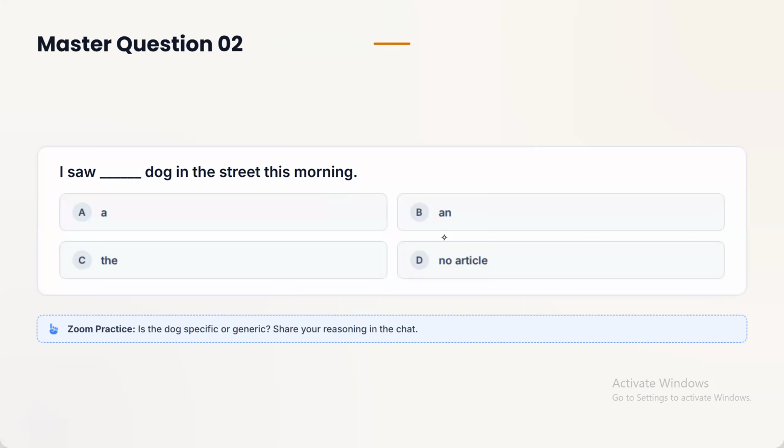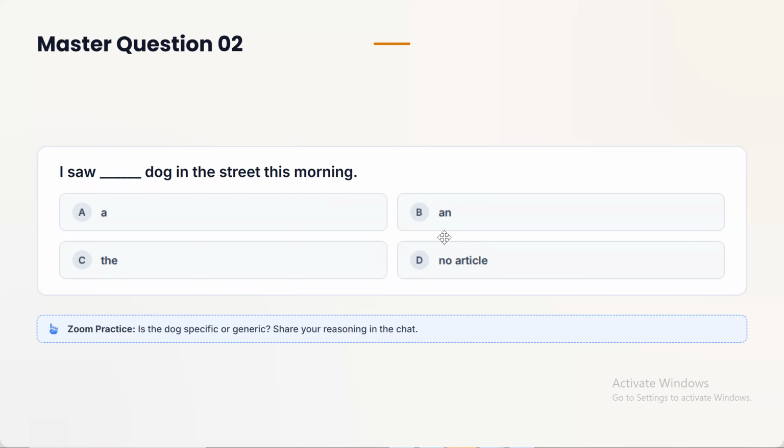Okay, let's move on to the next one. I saw dash dog in the street this morning. So easy. Okay, a dog.